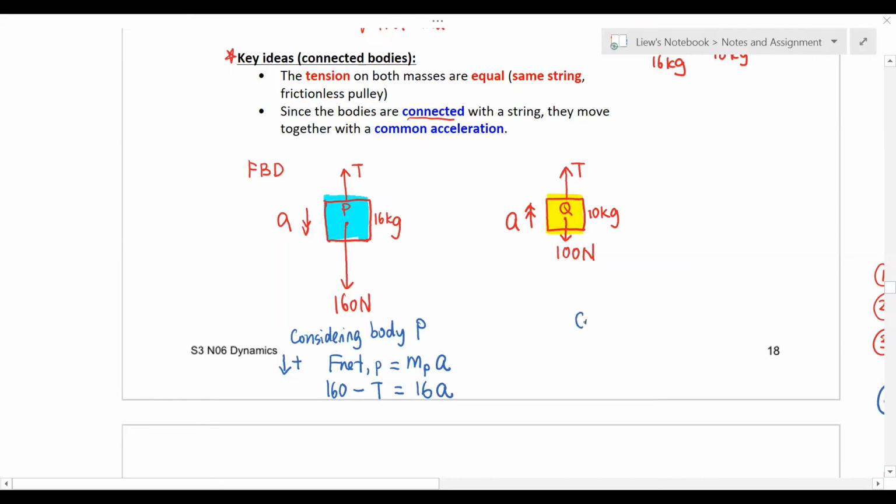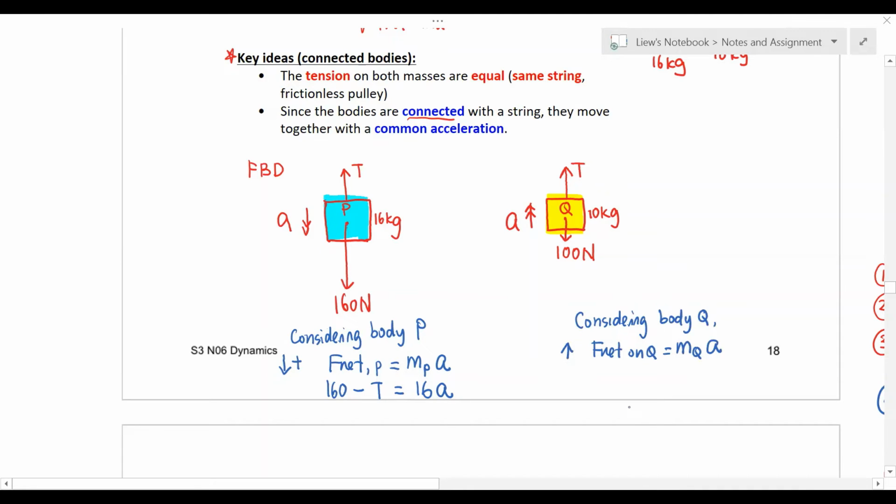Now we consider body Q. F net on body Q causes the mass of Q to accelerate. This time around, the acceleration is in the upward direction.